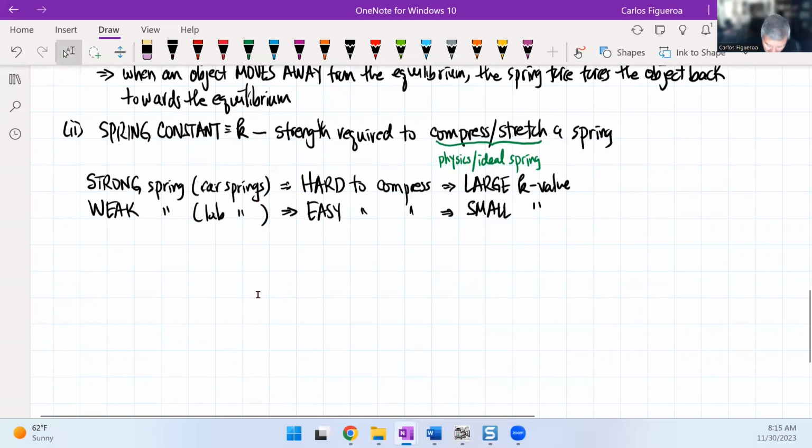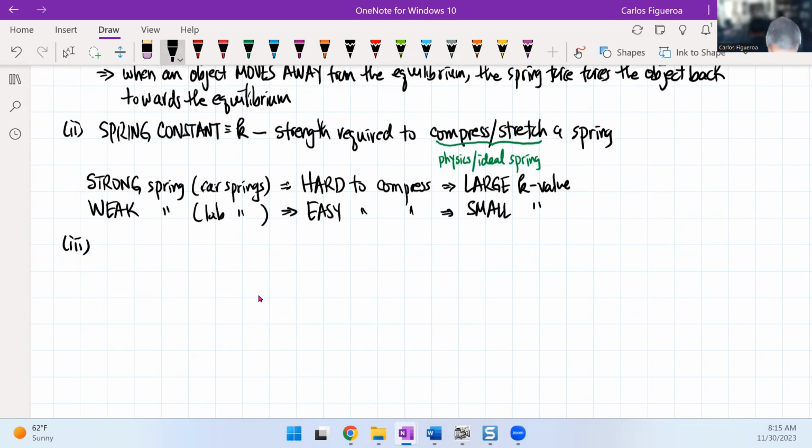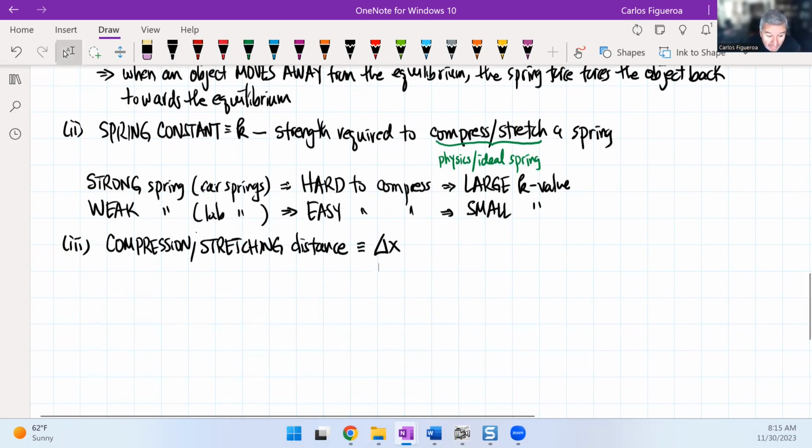So then the other thing that it depends on is the compression or stretching distance. And this is what we call delta X. And to remind you, the spring force is a variable force.